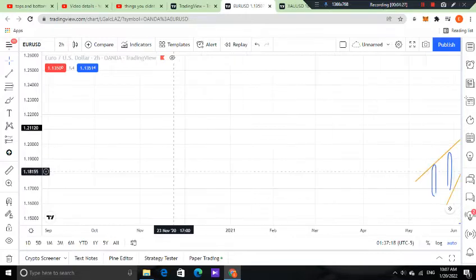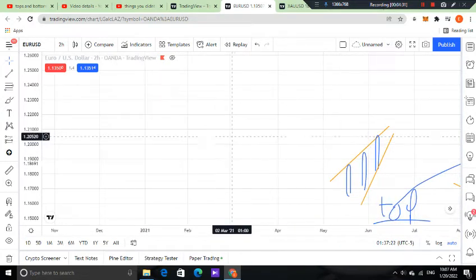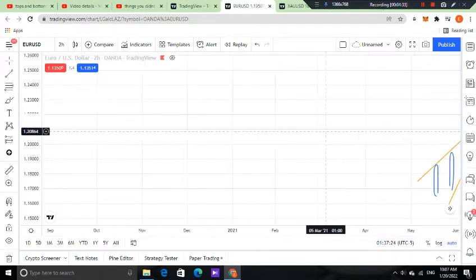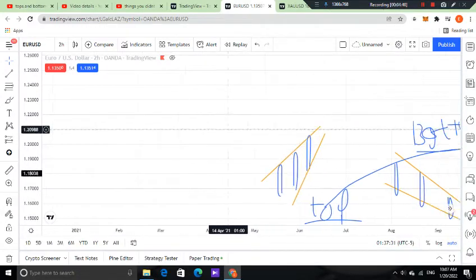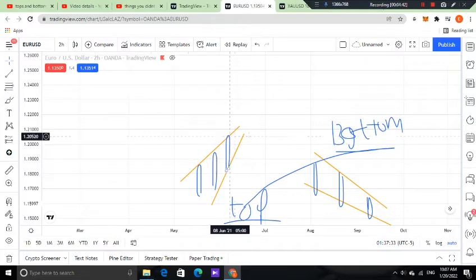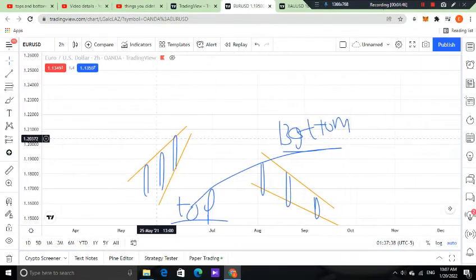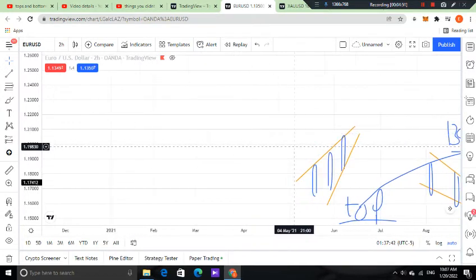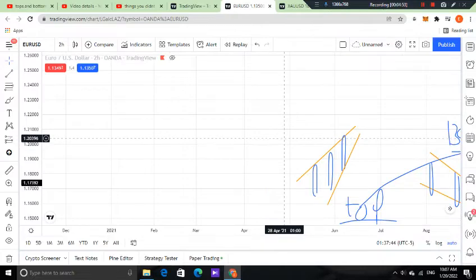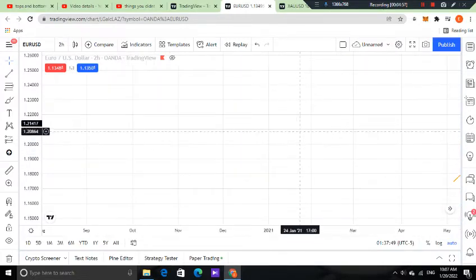We also can have 2 categories: we can see them as a resumption pattern, or this is a reversal. If you see it at the end of the trend, you can expect to see a reversal, so we use them as a reversal pattern.